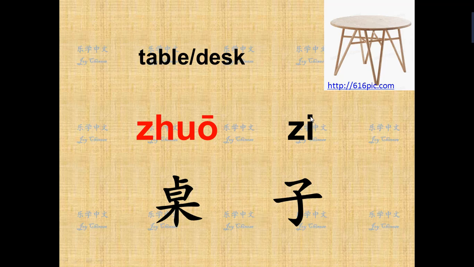It has no tone on it, it's light. At the end, 子 is used as the ending of this word. There are a lot of words that are a combination of something plus a 子. It means the same. It's just more oral for talking. We say 桌子.